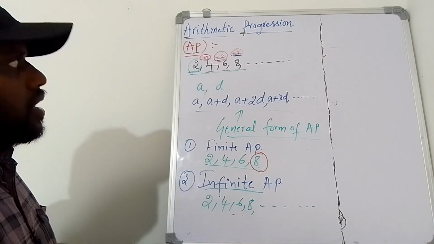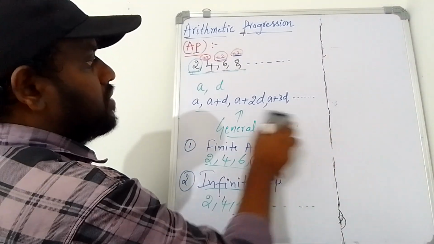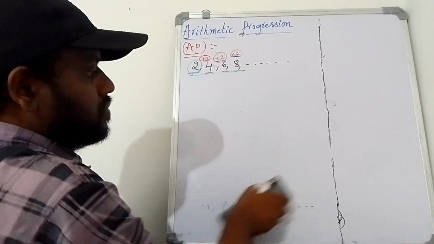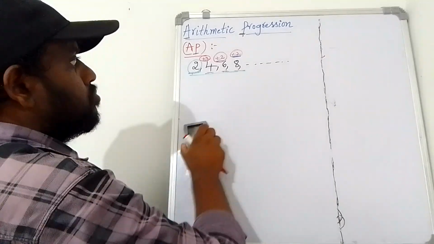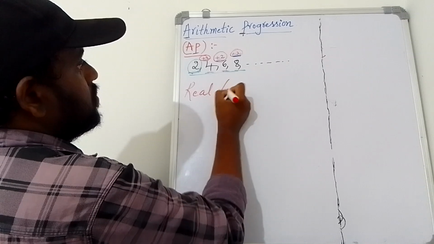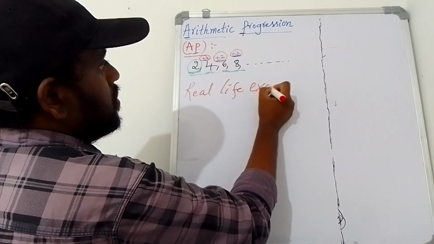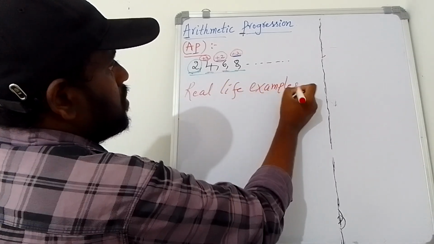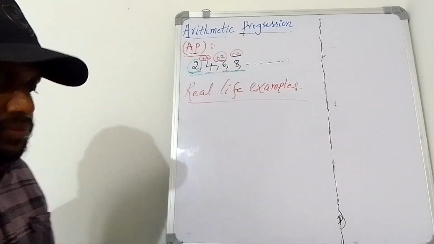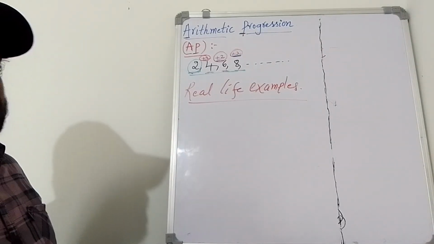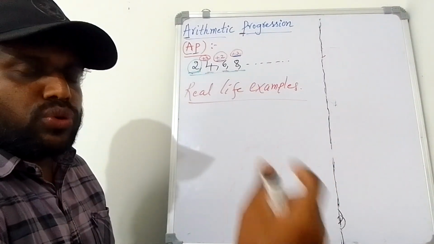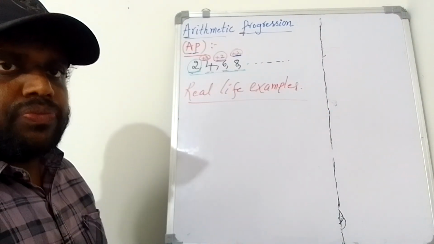Next, I will give real life examples for AP. For example, in a class, some students are standing in a queue.